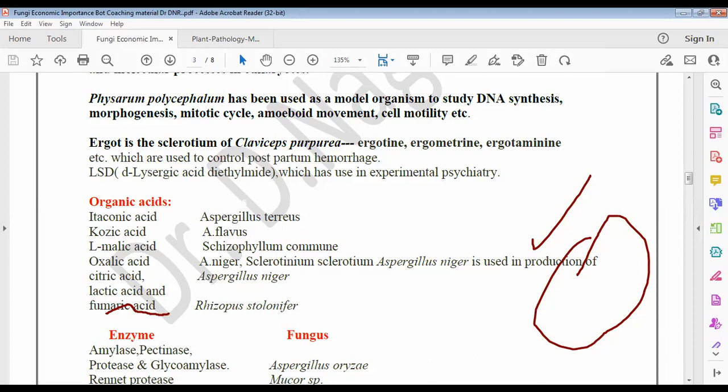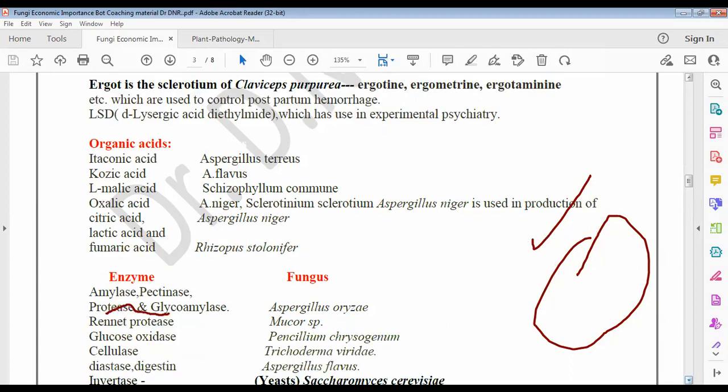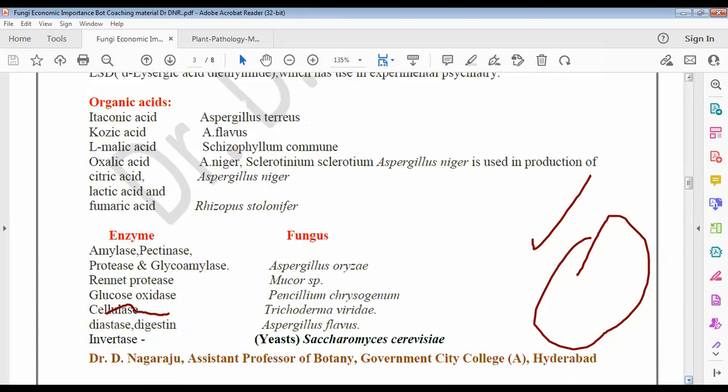And also enzymes, especially amylase enzyme. Amylase is needed in the brewing beverages industry and in bakery items. Amylum is starch, it works on starch, that's why amylase. It works on carbohydrates: glucose, fructose, galactose, sucrose.